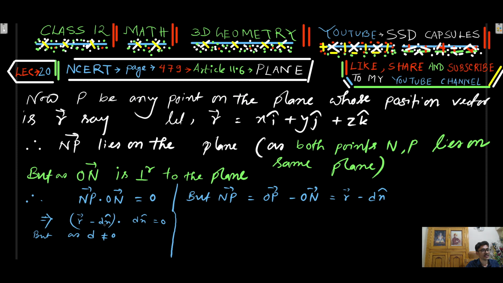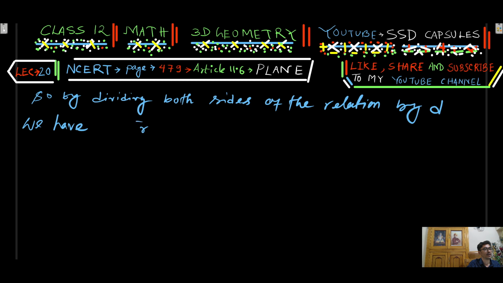r vector minus d n cap dot n cap equal to 0.